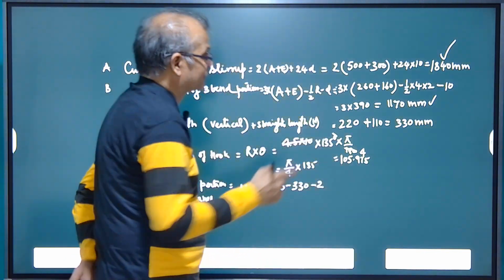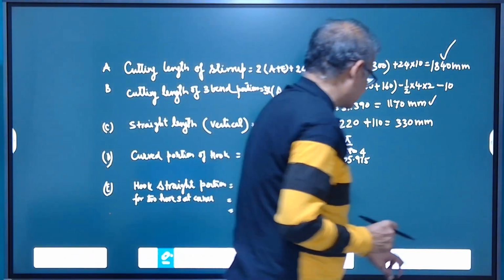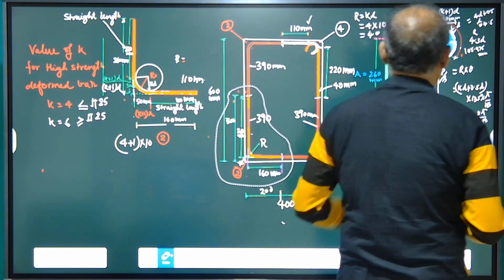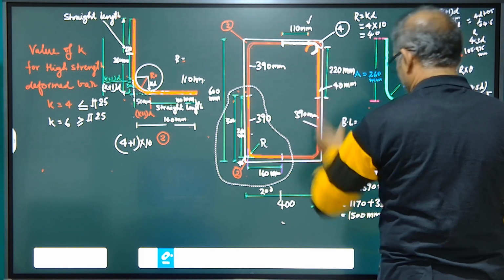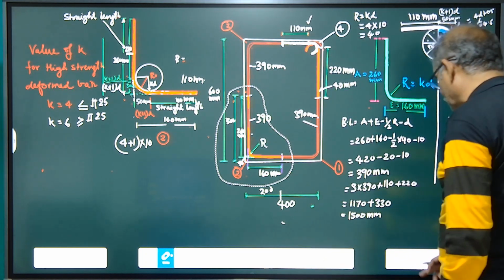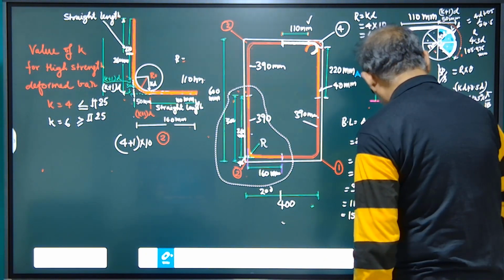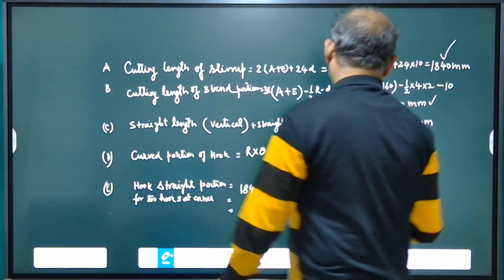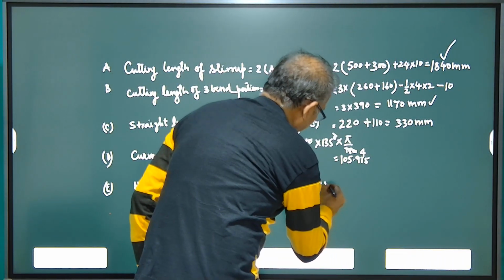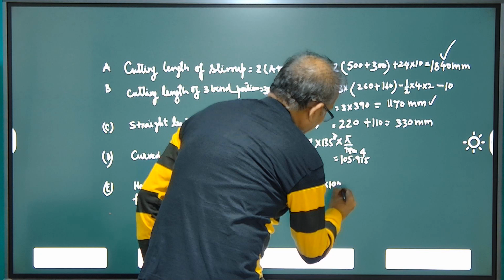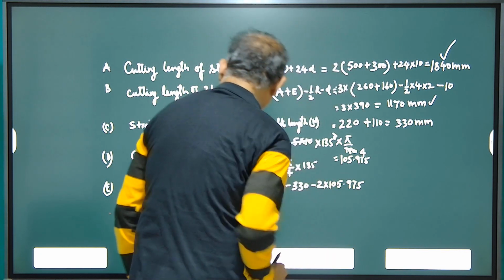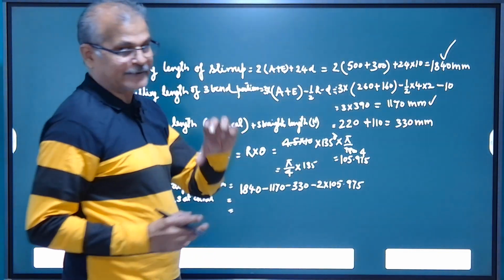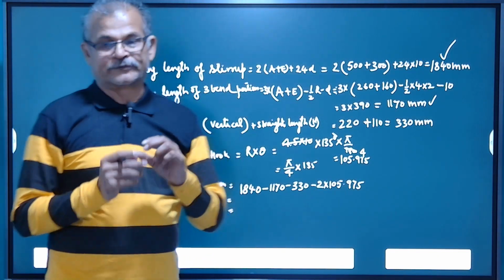There will be 2 hooks, so 2 curve portions, one from this side and another from this side, so this will be subtracted 2 times. This will give us the straight portion of the 2 hooks.